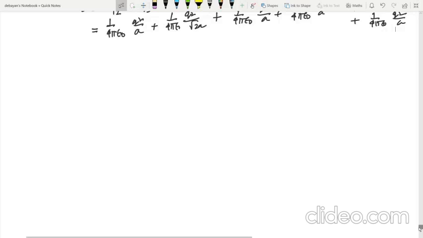So you have to calculate the closest approach. That means the alpha particle is coming. Say this is the nucleus, and the nucleus is plus 50e. So you have to find the closest approach.